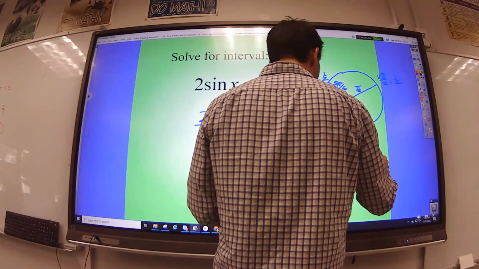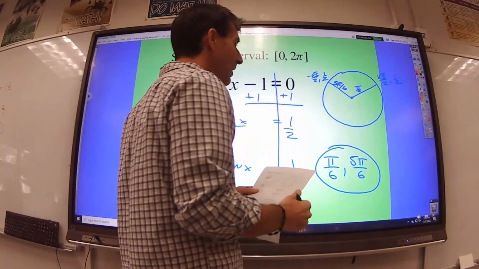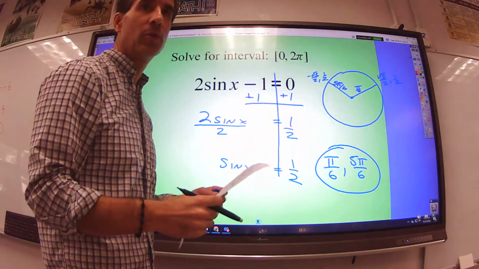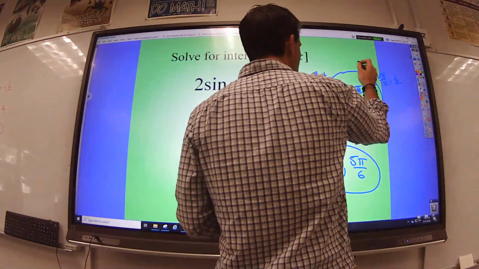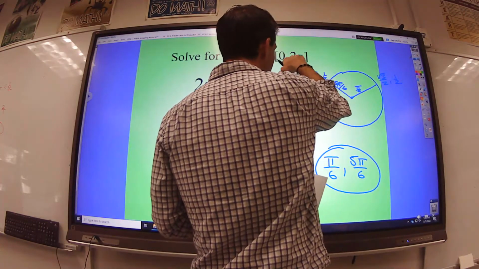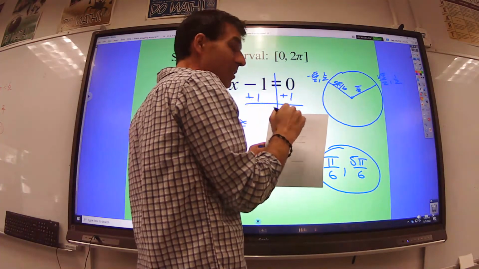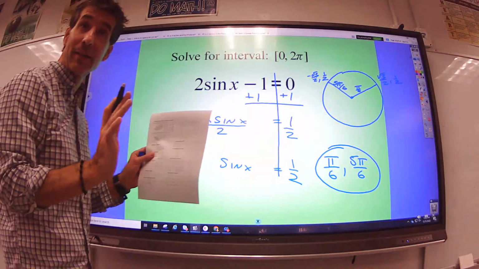And those are your two answers. You're going to have 2. Now, we can go around again at another 2 pi, but this says only go around the circle once. So what this means is anything that's on the circle, and you just stop at that.